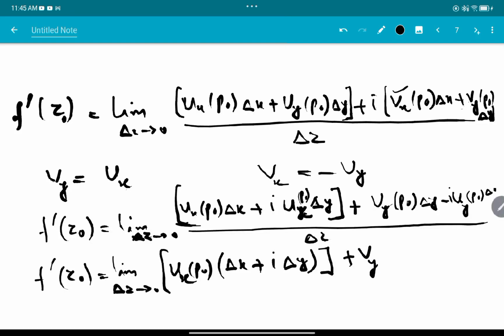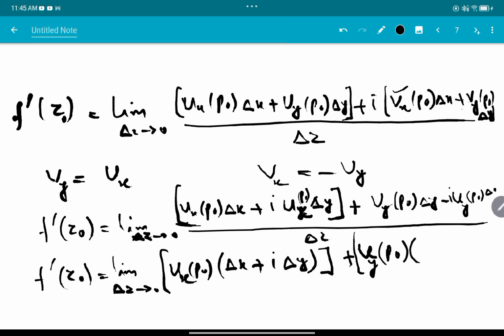Now then I have plus vy. If I take this common, again this is uy, and with this we combined this uy, taking that common at z0, I have inside delta y minus i delta x.